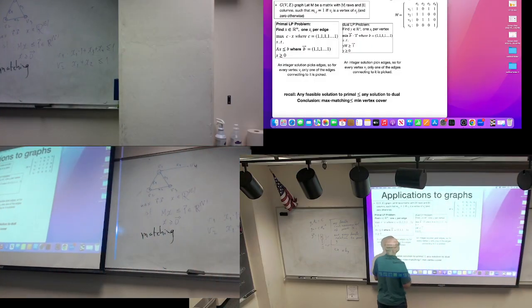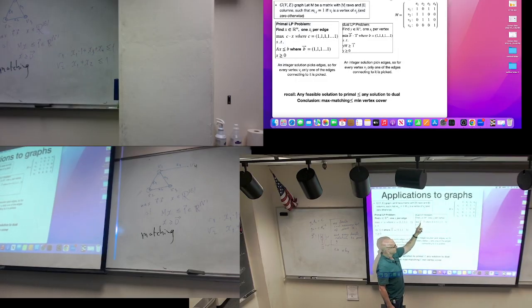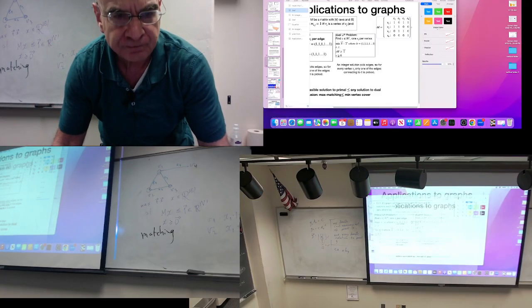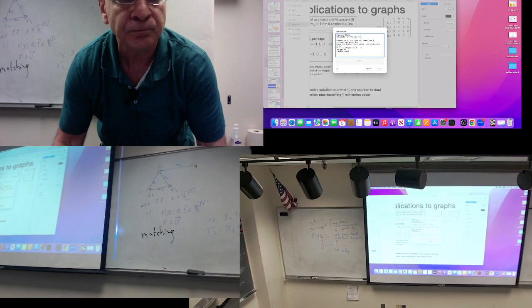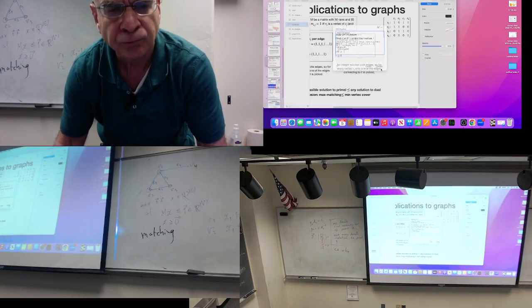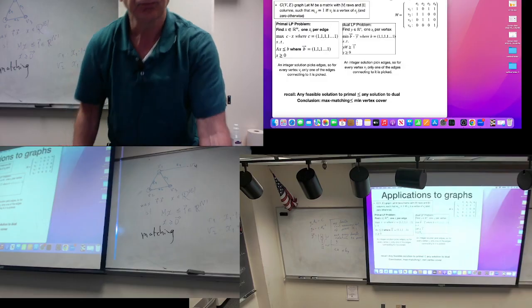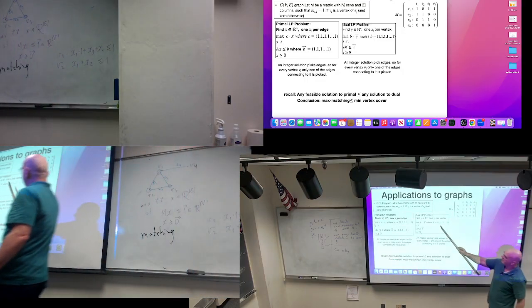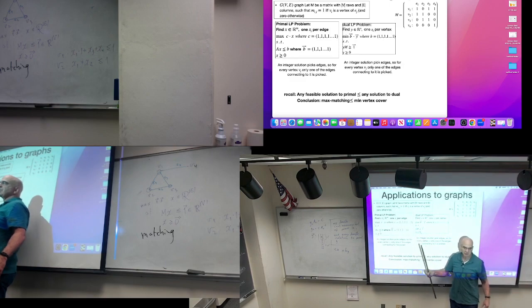Let's look at the dual. Minimize b times y. And b here in the dual is the same c that I used in the primal, which are all 1, 1, 1, 1, 1.